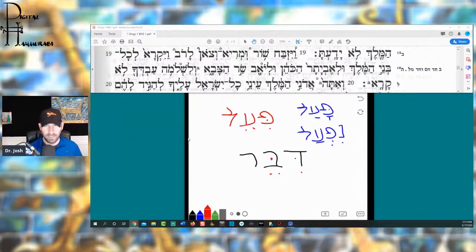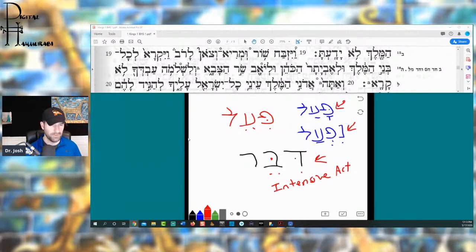And oftentimes, if the pa'al is like simple active and the nifal is simple passive, the PL form can have a bunch of different nuances, but intensive active is the place to start.